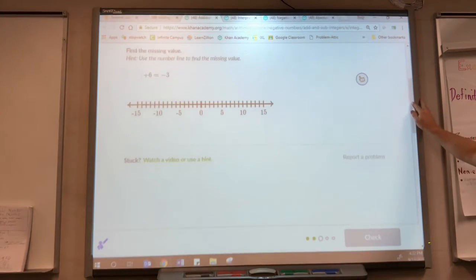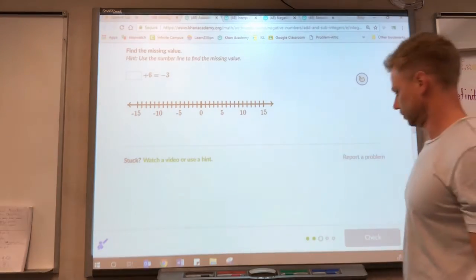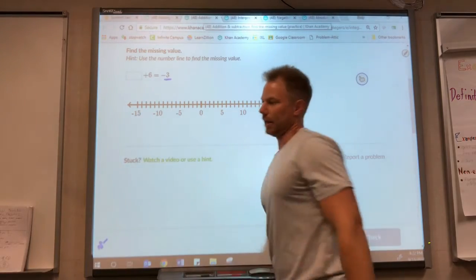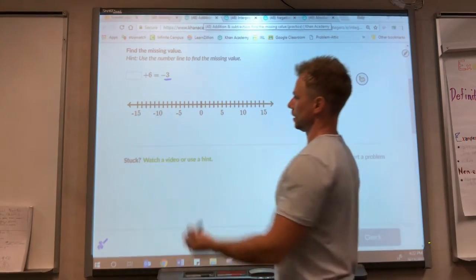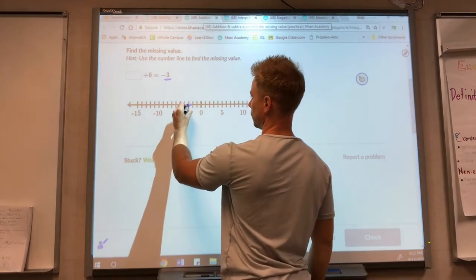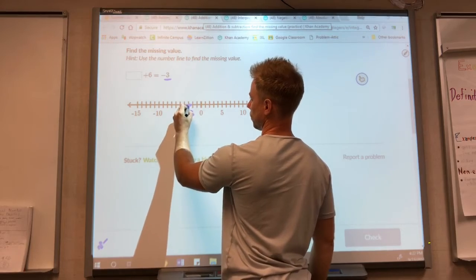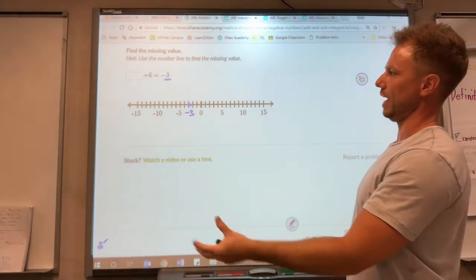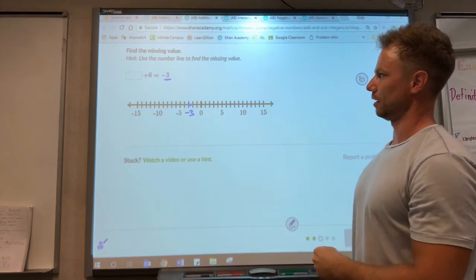Okay, we have to fill in the missing value. What it equals is where we're going to end up. So we're going to end up at -3, which is right here, -3. And we started with a number, we added 6, and then we ended up at -3.